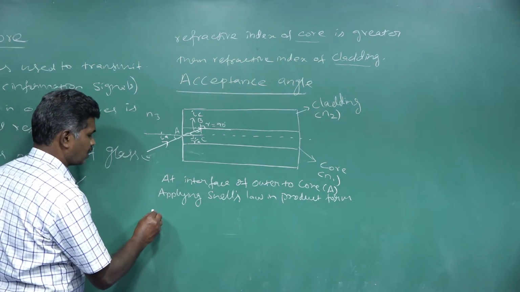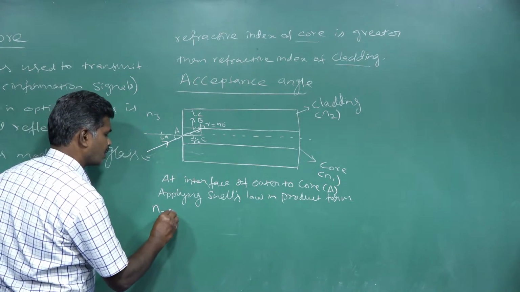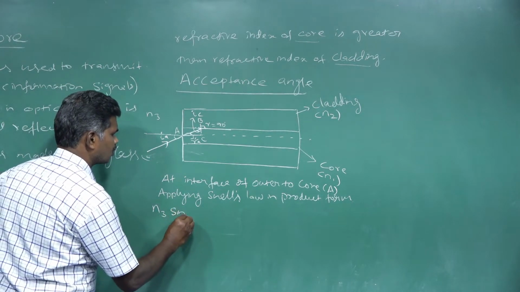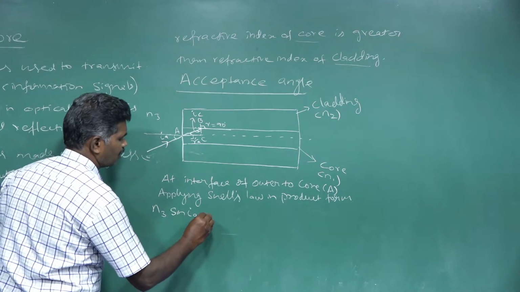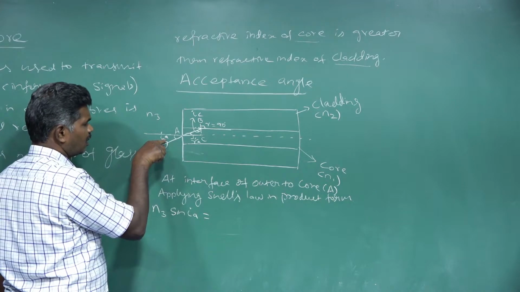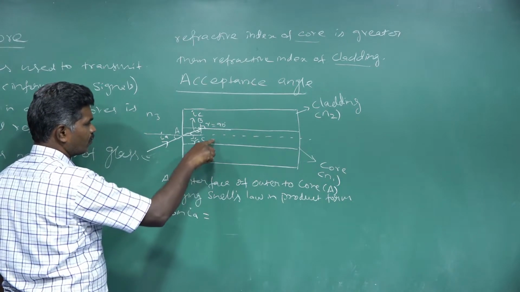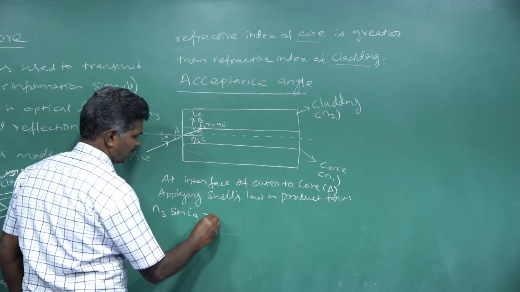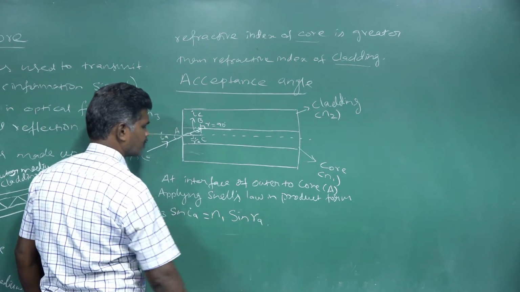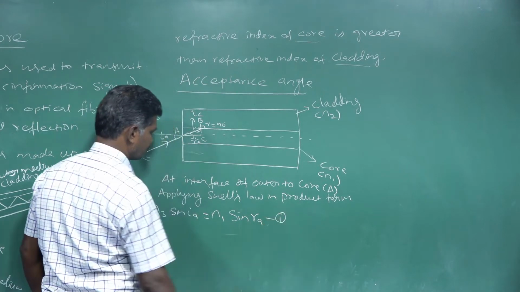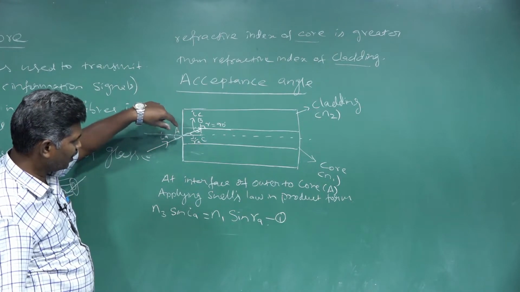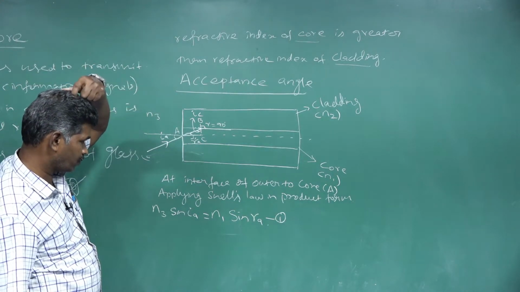So n3 sine IA equals core refractive index n1 sine RA. This is the first equation, applied at the interface at point A.